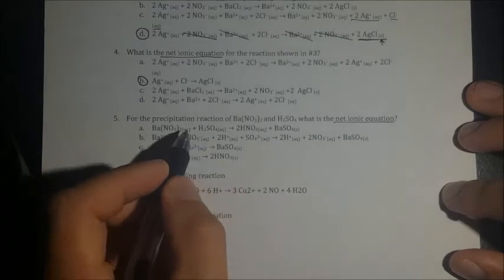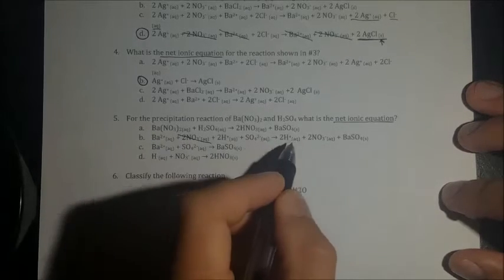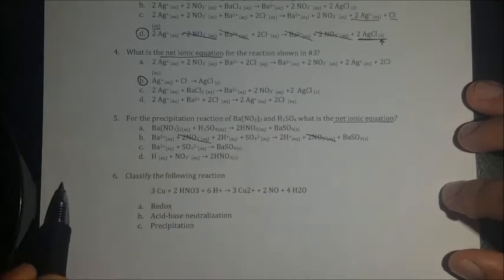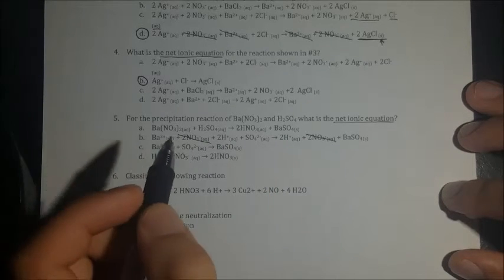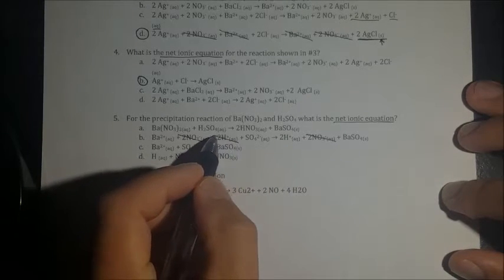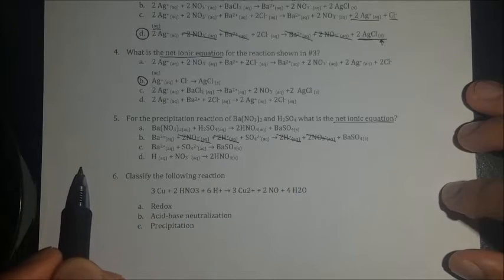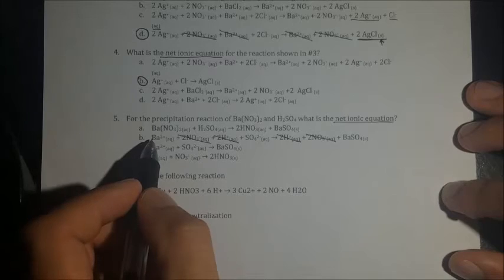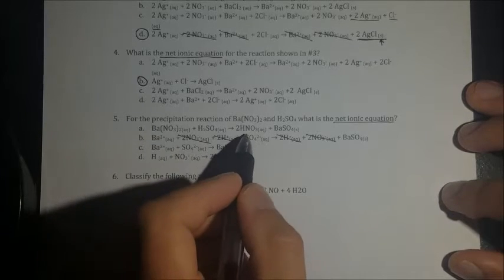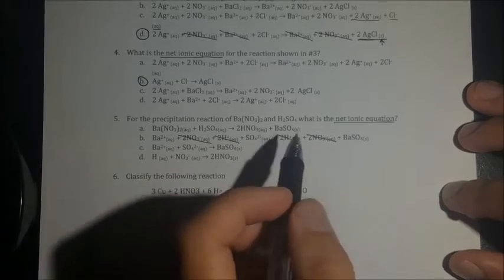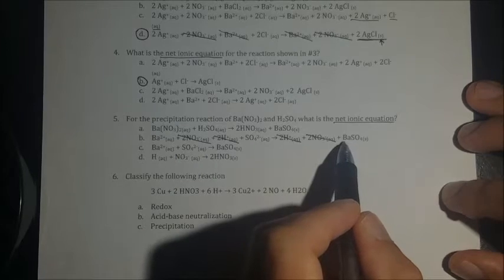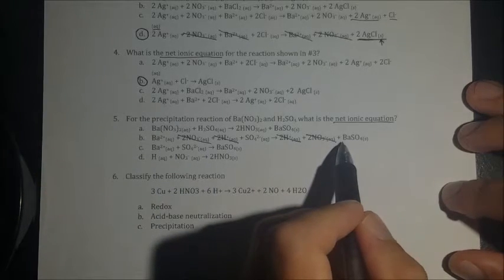So let's see, we've got nitrates, we've got protons, and we are done canceling out spectator ions because here we've got barium 2 plus and sulfate 2 minus, and those are aqueous, and here we've got solid barium sulfate.